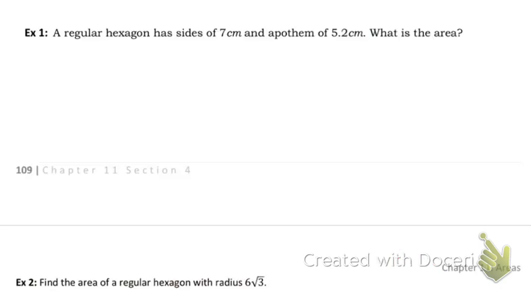All right, let's go through some problems at a fast pace. A regular hexagon has sides of 7 meters and an apothem of 5.2. What is the area? Well, there are 3 things we need to find area.